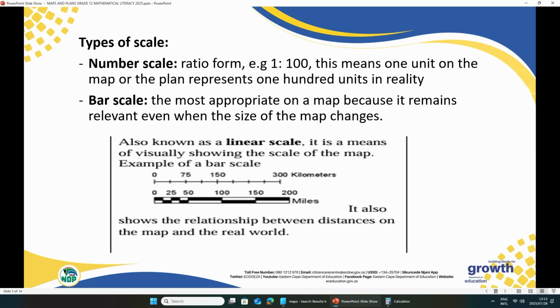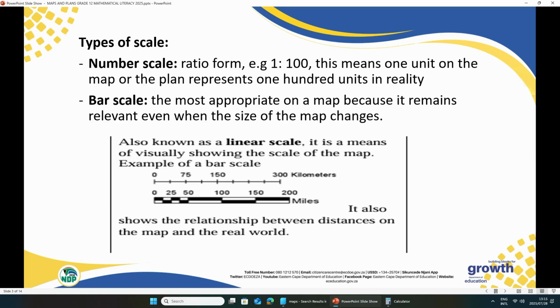Then it means 8 centimeters on this bar represent 300 kilometers in reality. Therefore, if you go to the map and measure, for example, let's say we measure on the map and we get 5 centimeters. How do we calculate the actual distance now? Then we need to say 5 divided by 8 times 300.